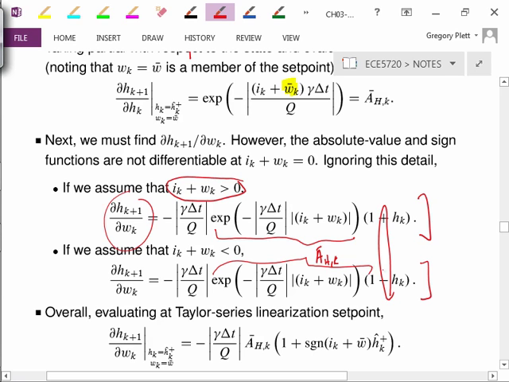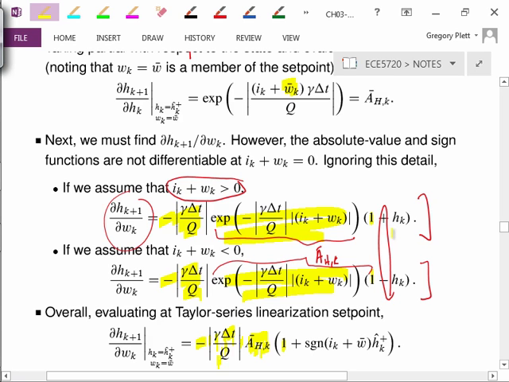So I'm going to combine these two equations and say what is similar: this term, that term, the A_h bar, A_h bar, A_h bar, and then on the right here I'm multiplying all that by 1.